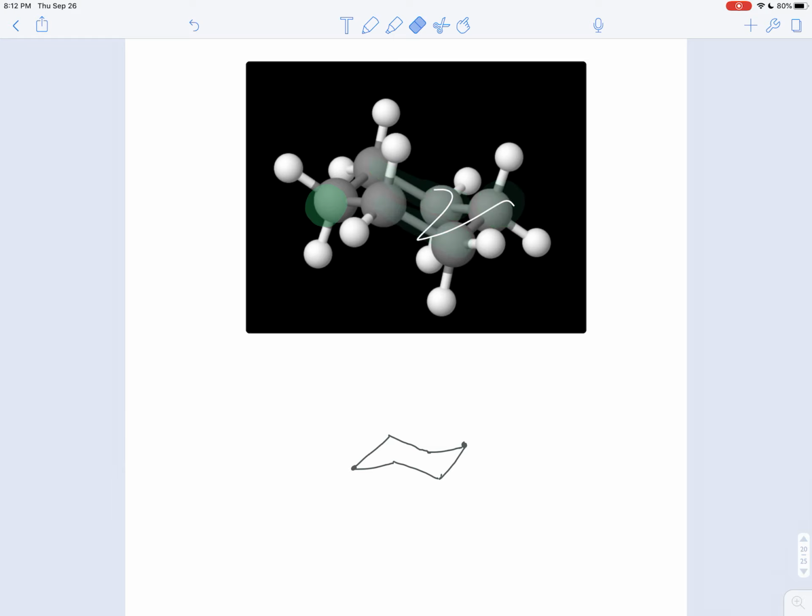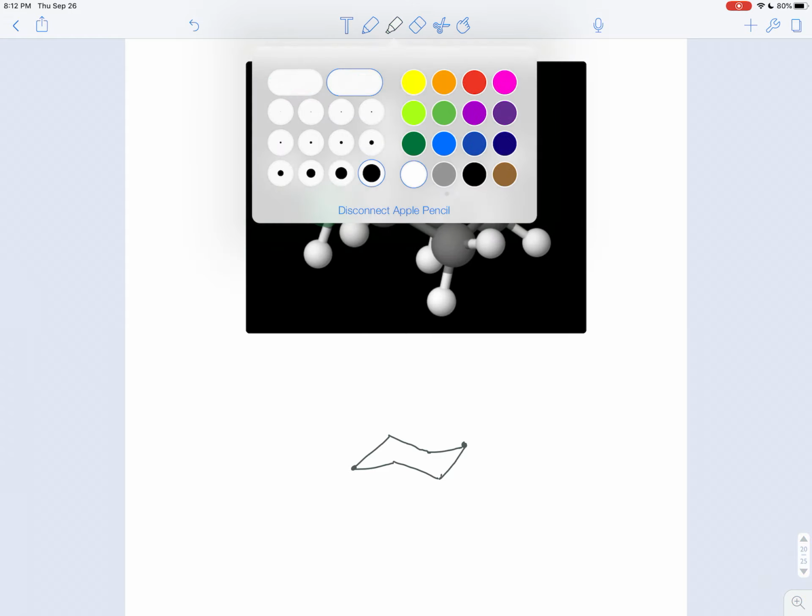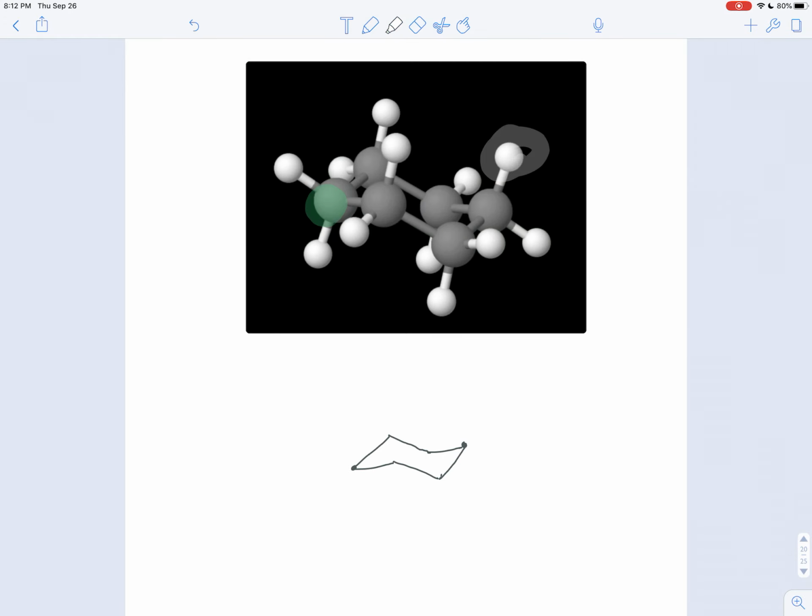Okay, now let's look at this carbon that's sort of pointing up.